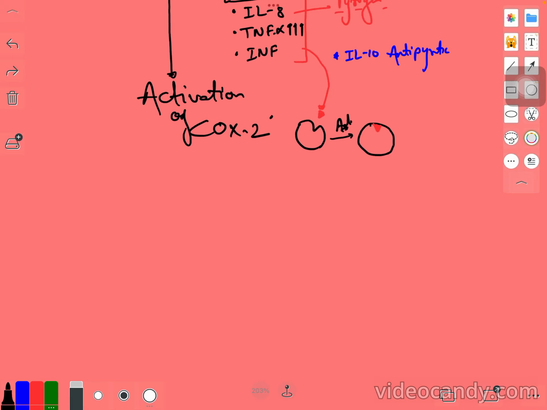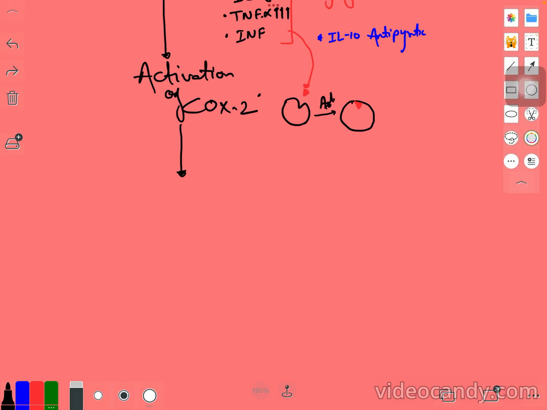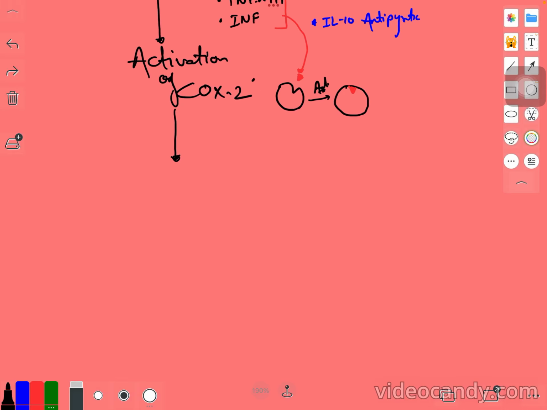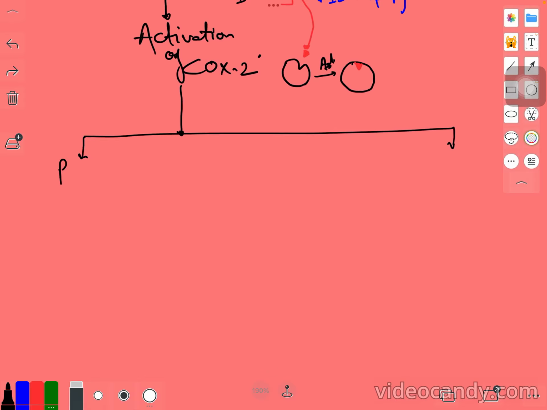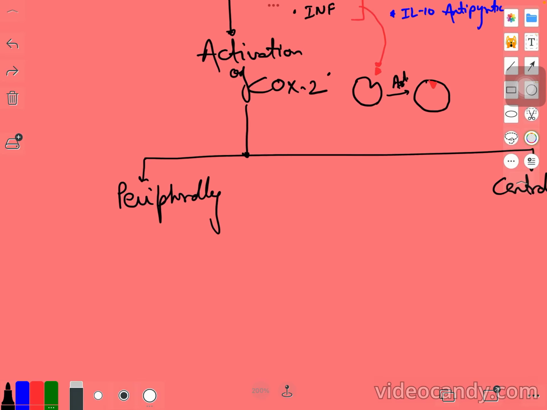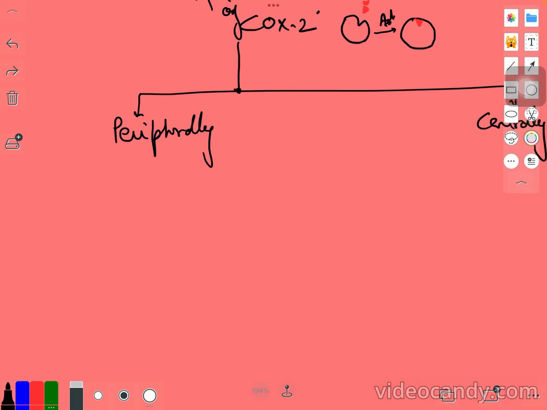Once it's activated, it will progress the arachidonic acid pathway, right? Once the arachidonic acid pathway function starts, this activated COX enzyme can form in two different areas, peripherally or centrally, right?